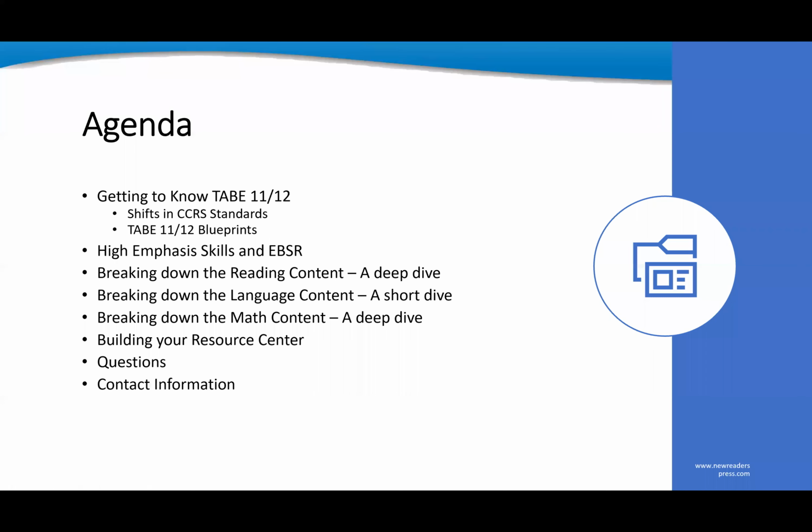Each content area is also going to include strategies for teaching this skill, and on those slides you will see pictures from a couple of our materials that we have here, and I'll go through some of those as we go. And finally, we'll look at resources you can use to increase student gains and build on skills for HSC test preparation, and then we'll end with questions and contact information.